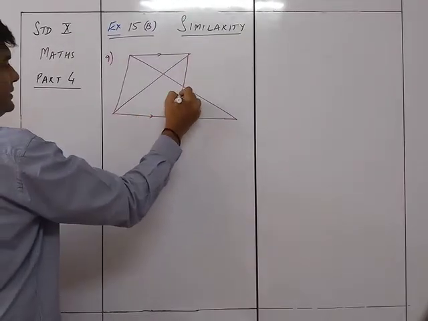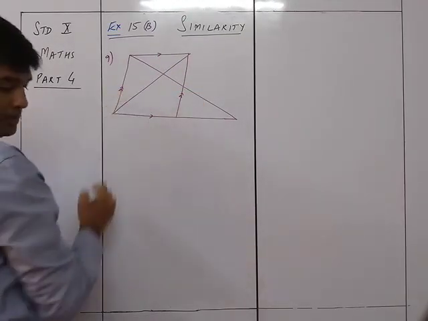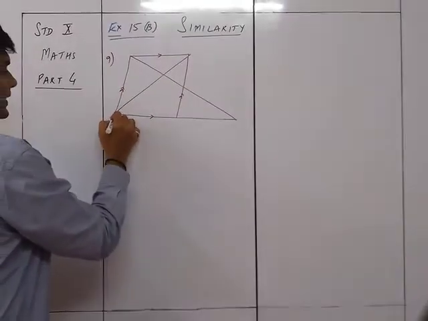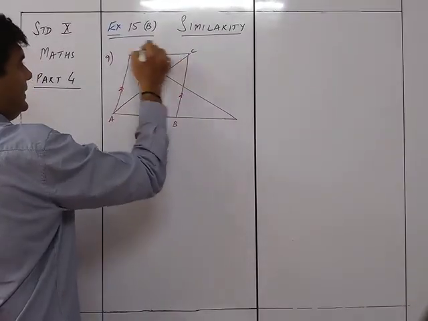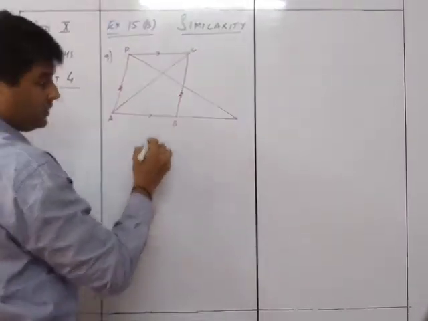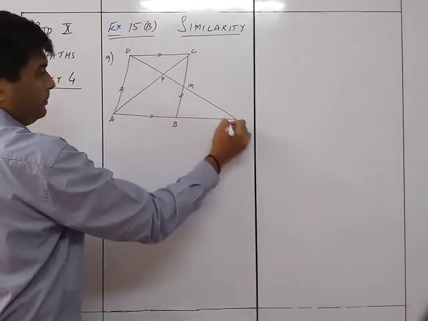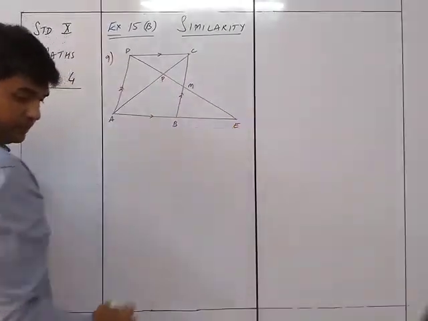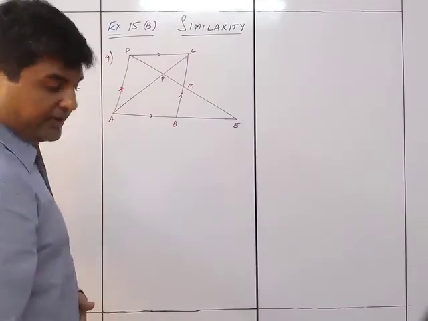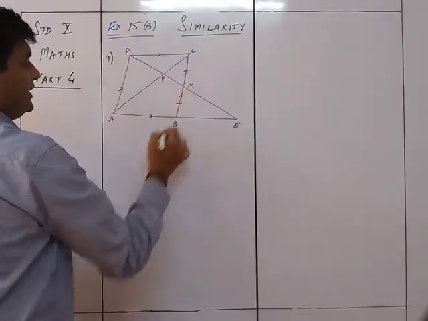This is parallel and these are parallel. This is A, B, C, D, P, M and E. Again, M is the midpoint, so this and this are equal.